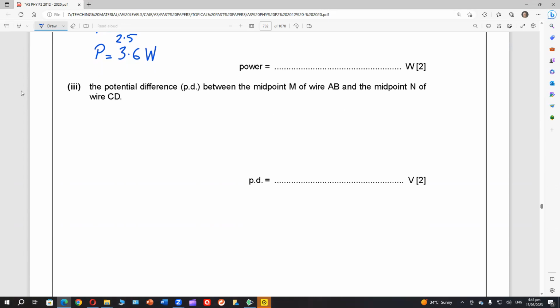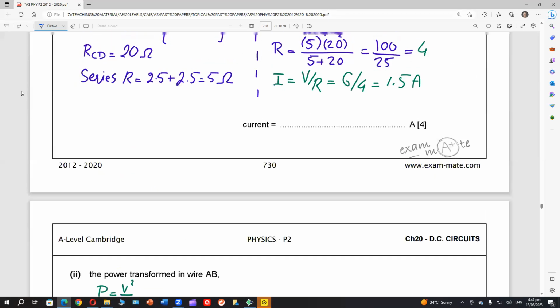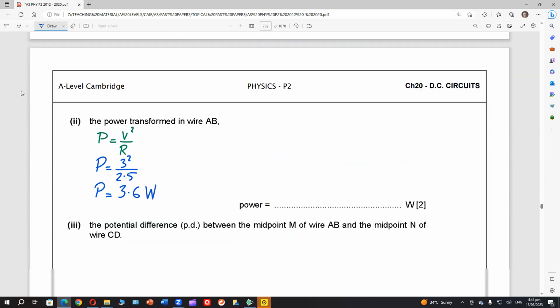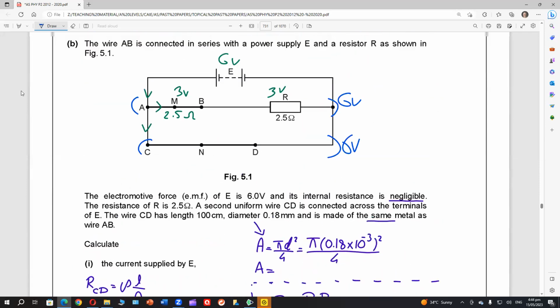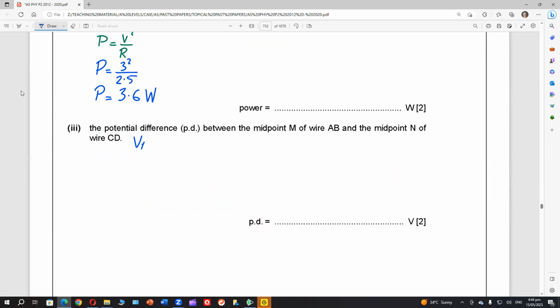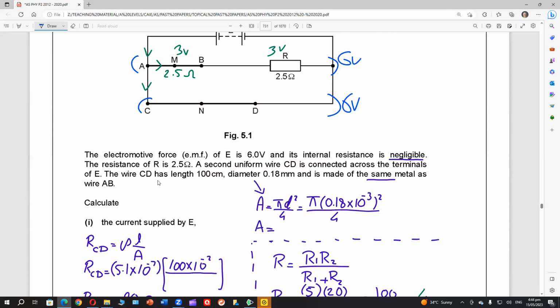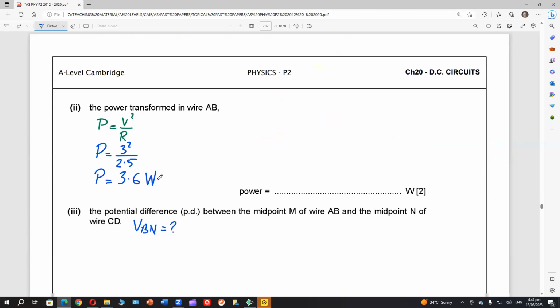The potential difference between the midpoint M of wire AB and the midpoint N of the wire CD. We need to find the potential difference between B and N. So let's first, I'm writing an error because it's M, it's not B. Sorry.